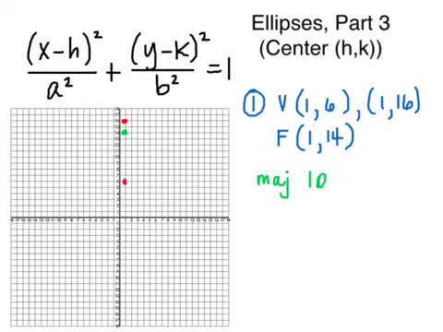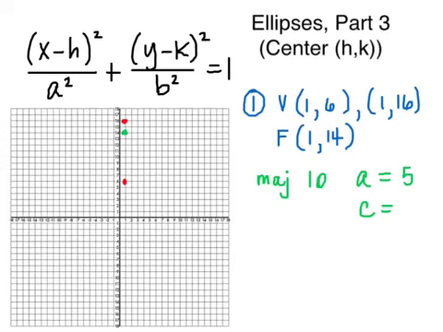That puts our a at 5, and our c would have to be the distance between the center and the focus. Well, we don't have the center yet, but think about where the center would be. It would be right in the middle between 6 and 16.